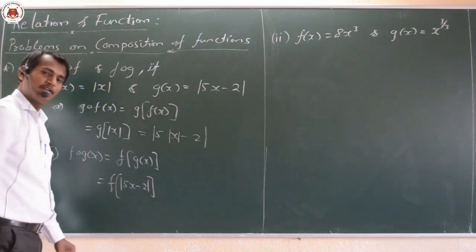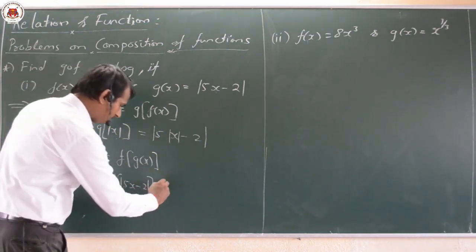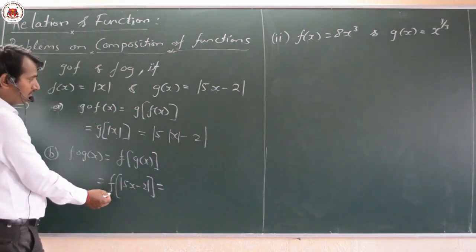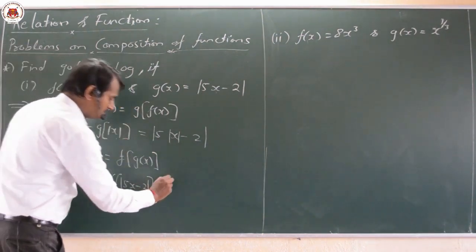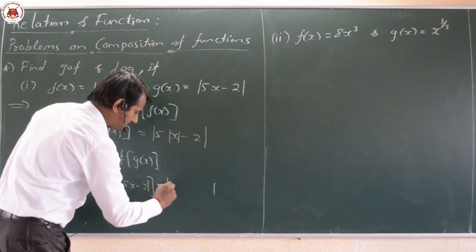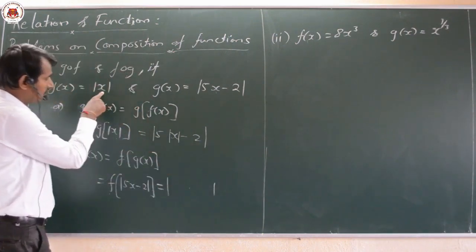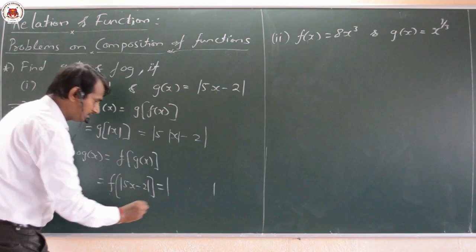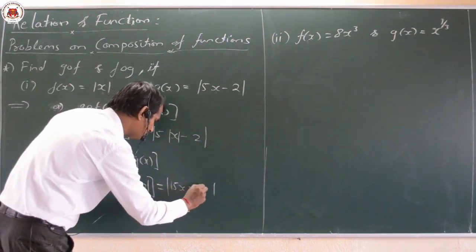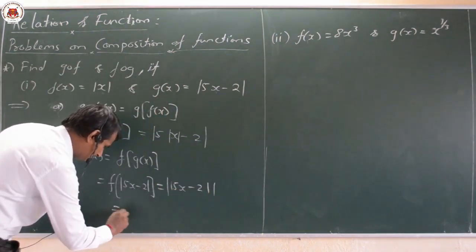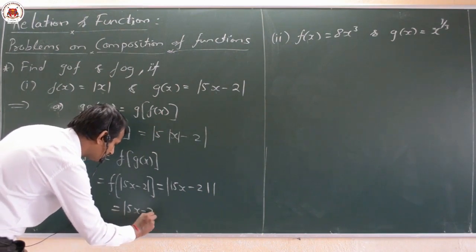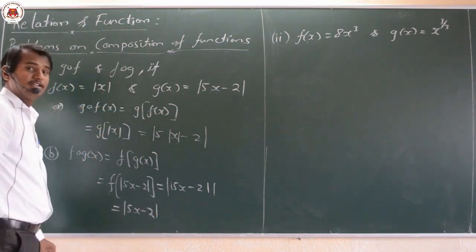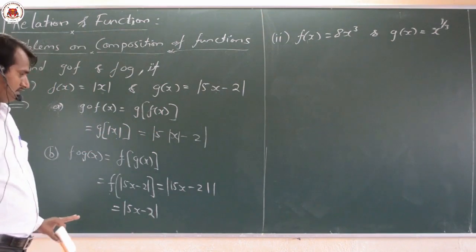Now what is the f value? F is nothing but mod of x. In this particular x, I have to substitute this whole thing, that is 5x minus 2. So that is again mod of 5x minus 2. Fine, this is our required result of the first problem.